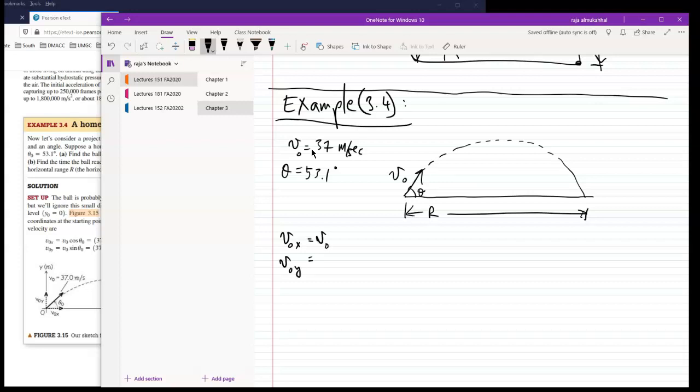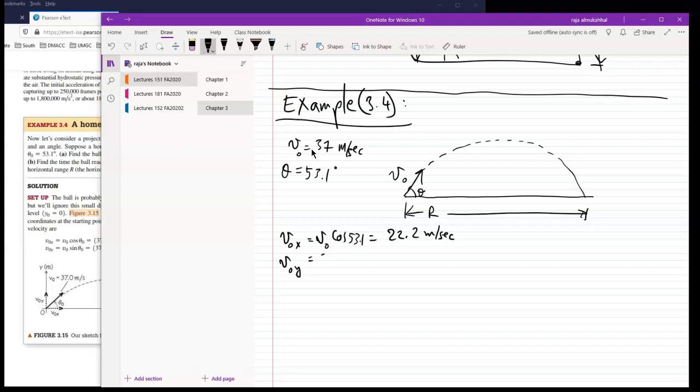So V naught x is going to be V naught cosine 53.1. So let's see, we have V naught is 37, right? So I have 37 times cosine 53.1, answer 22.2 meters per second.